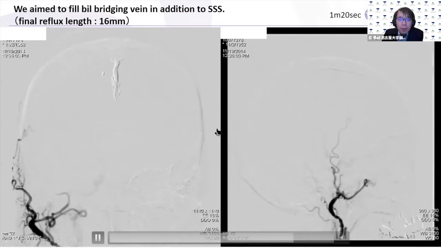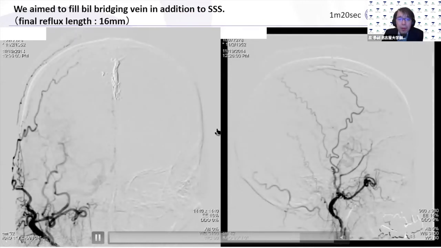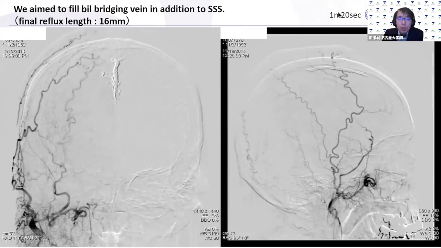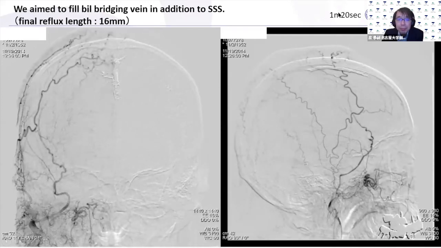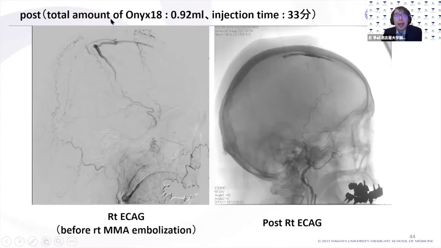In the final view, complete obliteration was found. In this case, the total amount of Onyx 18 is 0.992 milliliter. And here, the shape of the Onyx cast is almost the same as the pre-embolization sinus shape.